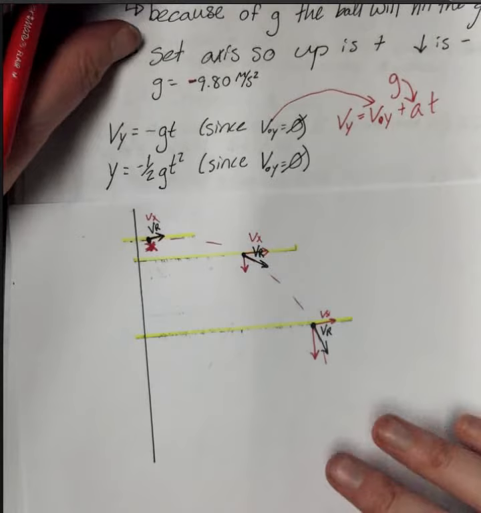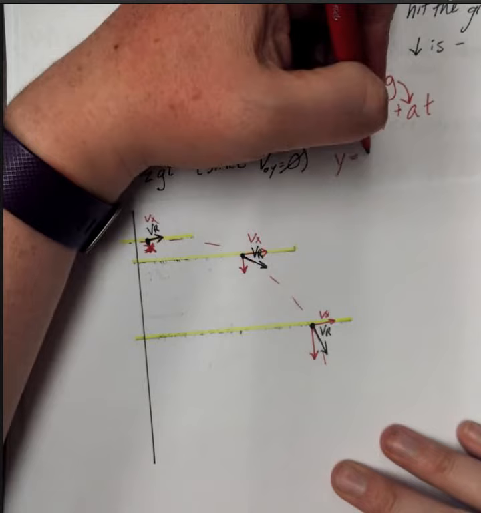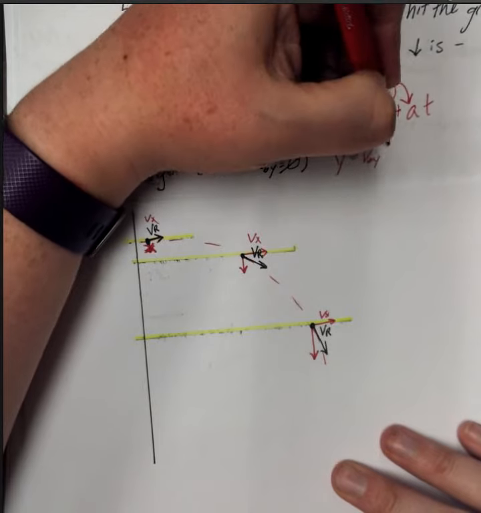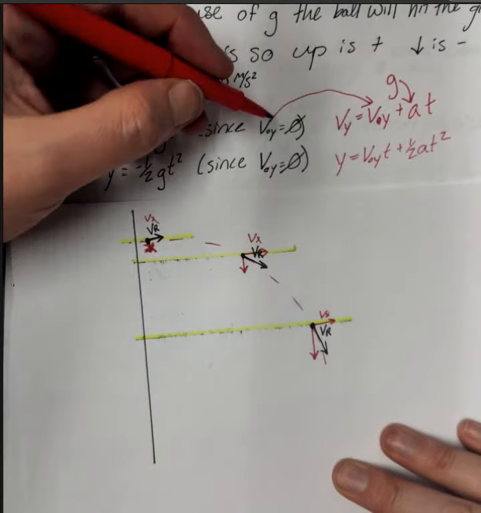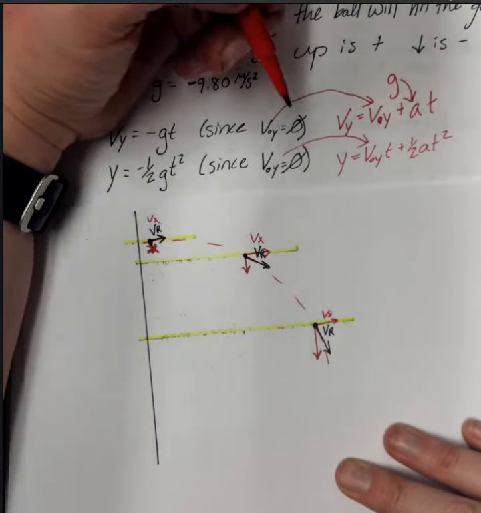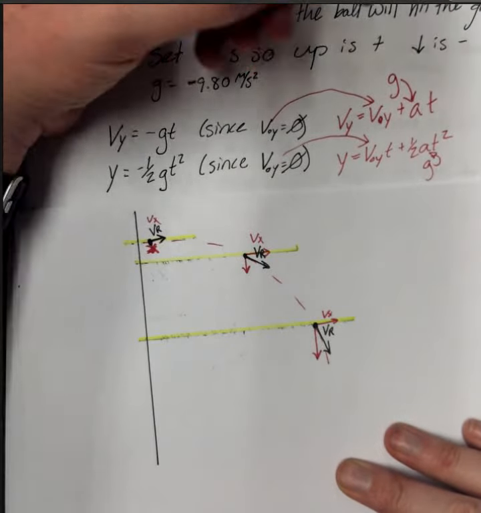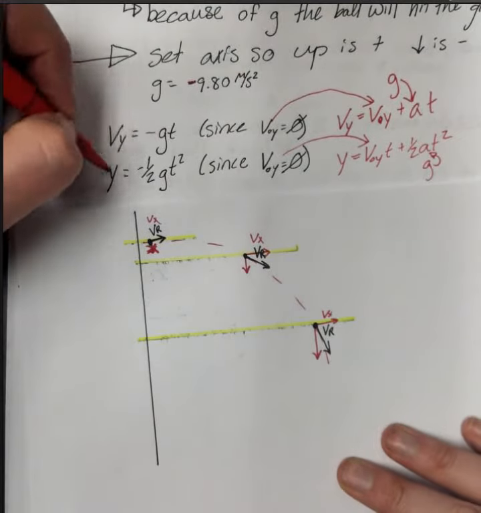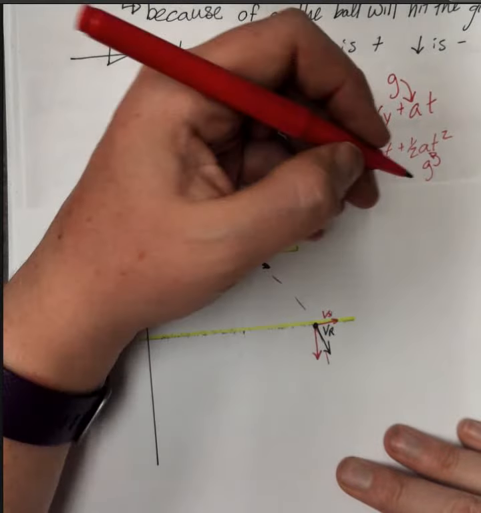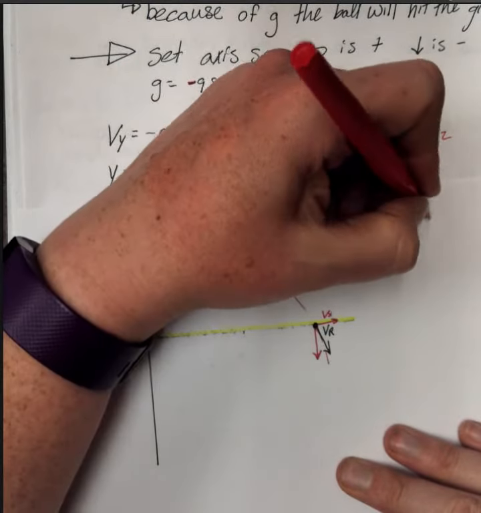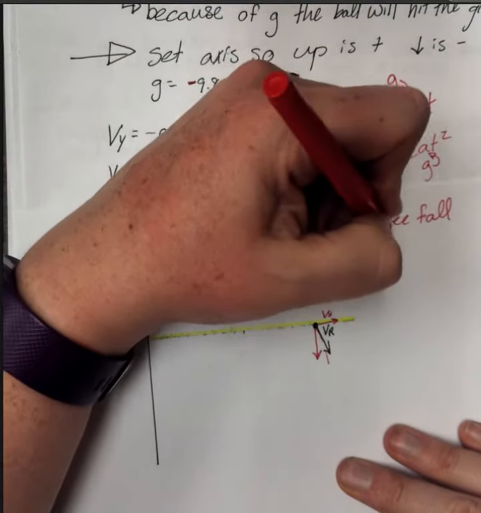We can also consider position. And position, we get this from the equation where since v naught y is 0, we eliminate that, and since g is our acceleration and it's negative, we get the equation y equals negative 1/2 gt squared. That means that these are for free fall and for projectile motion.